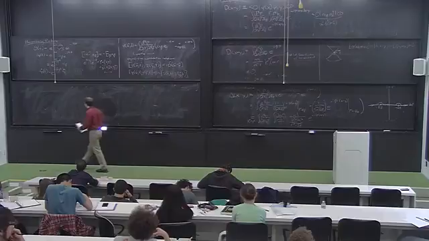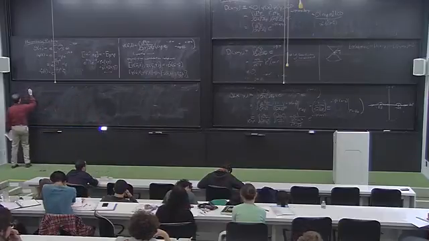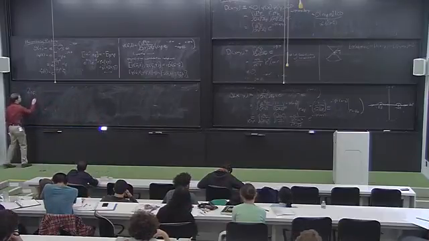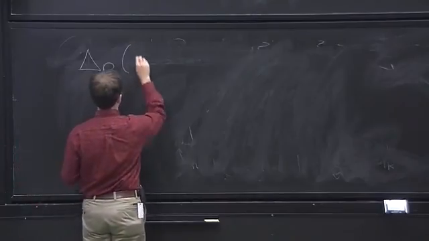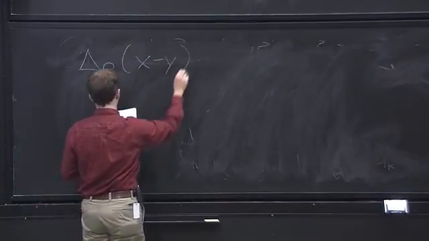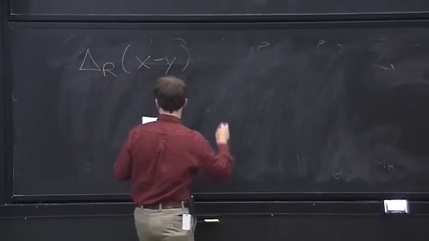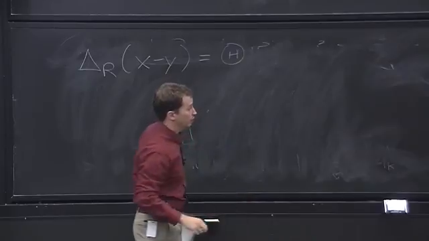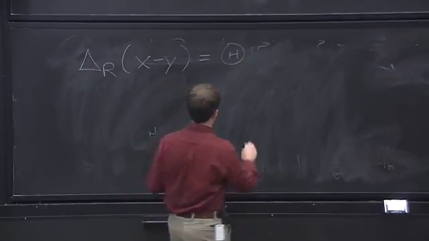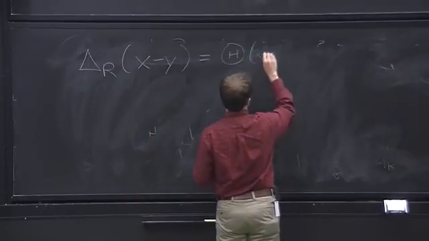Okay, so I'm going to rename the quantity I just wrote down, delta R, where R here stands for retarded, of x minus y. That's because the last step is only valid when x naught is greater than y naught. I'm going to explicitly write that here.